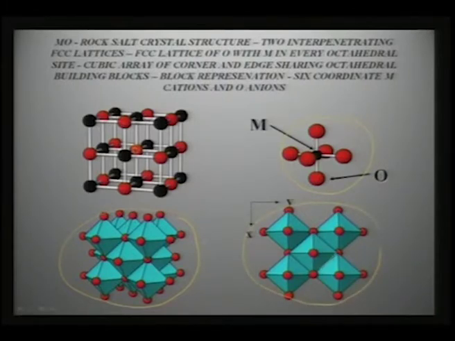This is edge shared because the edges of this octahedra are shared with 4 other octahedra. So to make either a corner shared or edge shared octahedra, solid state reaction has to be very selective.